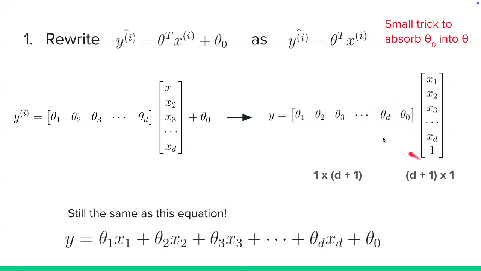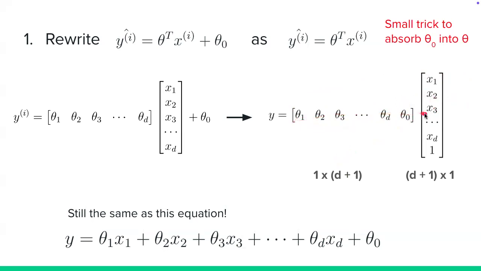If you were there in yesterday's lecture, Rose went over how we multiply these two vectors. We take the first element and multiply it with the first element, plus the second element in this one multiplied by the second element, plus theta 3 x3, all the way down to the end.